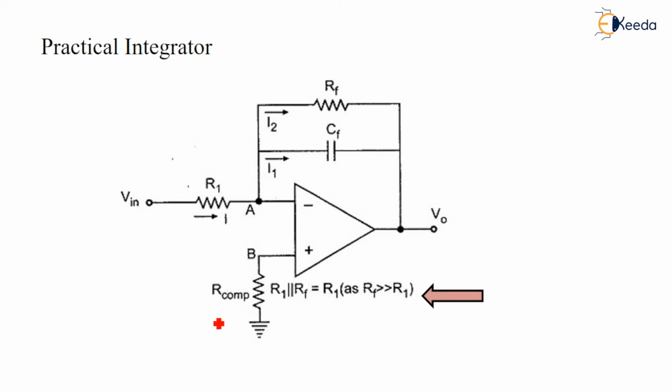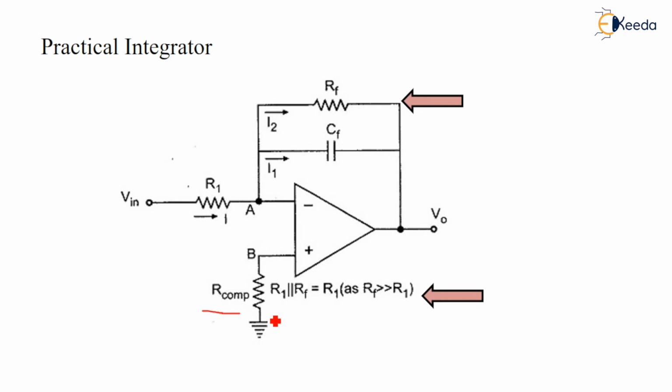To rectify this, they introduce this RCOM resistor, which is connected to the non-inverting terminal and is equal to R1 parallel RF value. This is used to reduce errors due to the bias current.